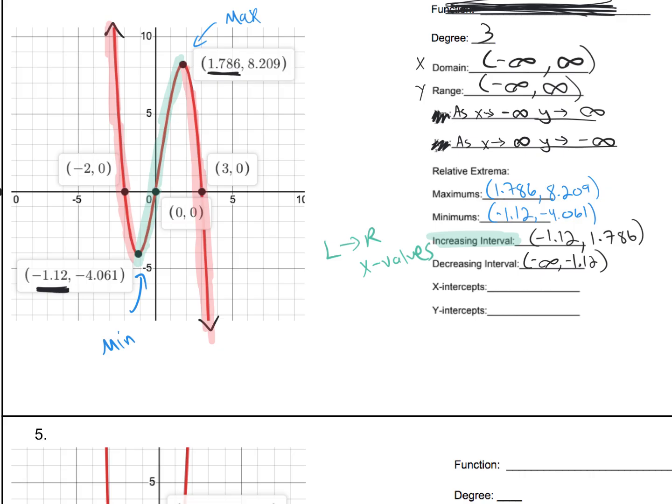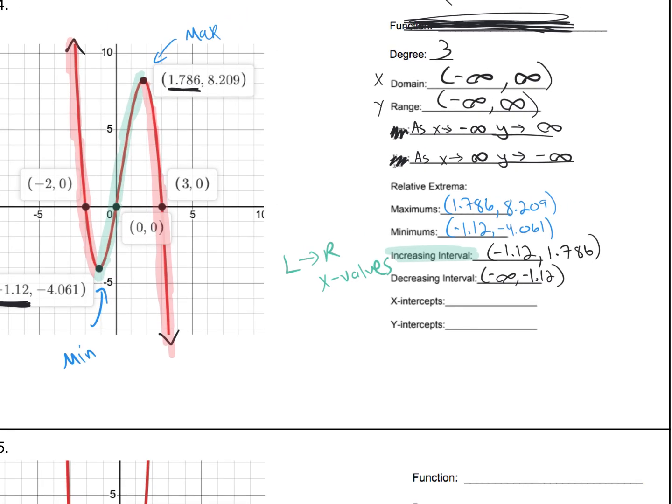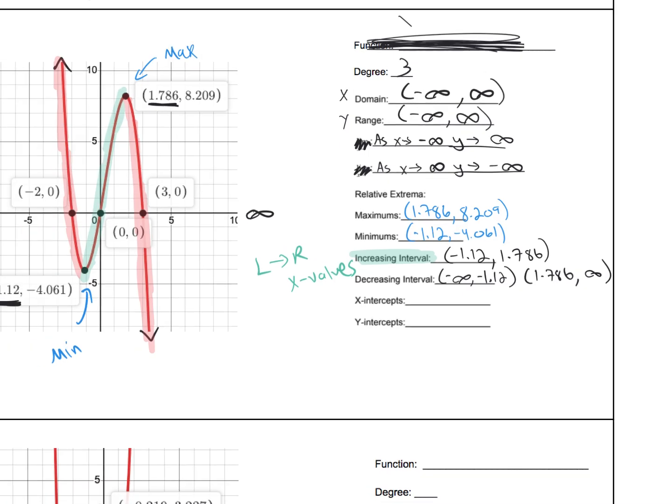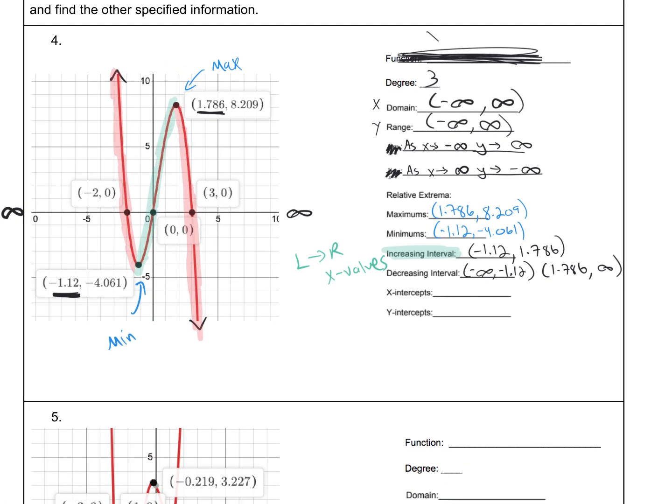Our second decreasing interval will start going down at 1.786, the x value at the second turn, and will continue all the way off to the right, which takes me to the x value of positive infinity. Just remember, we're talking about x values in this case, so we're looking at the x-axis. So we have two decreasing intervals and one increasing interval.